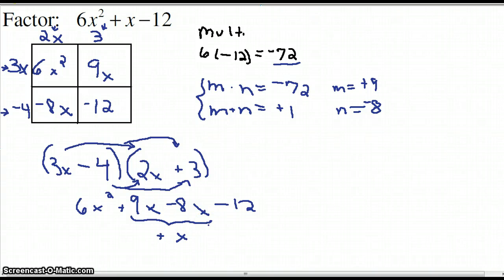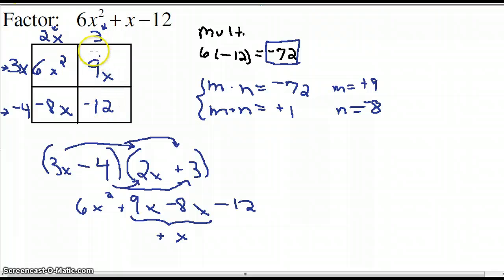Okay, so it's the factor square method. Start by multiplying the coefficient on x squared and the constant term together, and then it breaks down to be two numbers that multiply to give you that number and add to give you the coefficient on the x term.